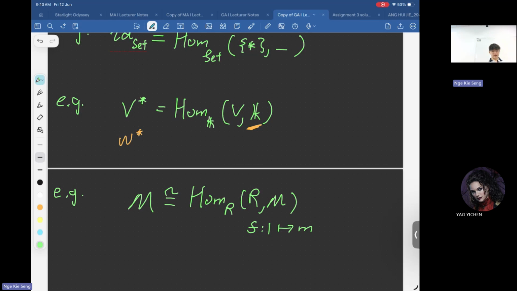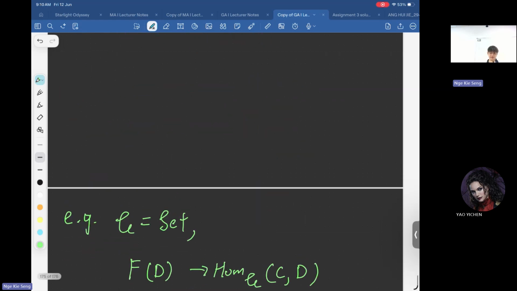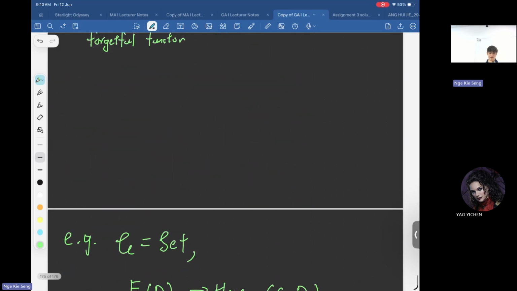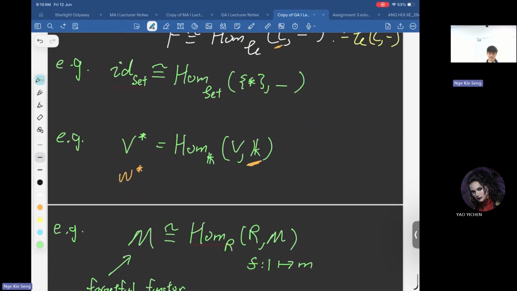You can just use the forgetful functor, so you just remember it as a set of things. This is like the example that Tom just gave.